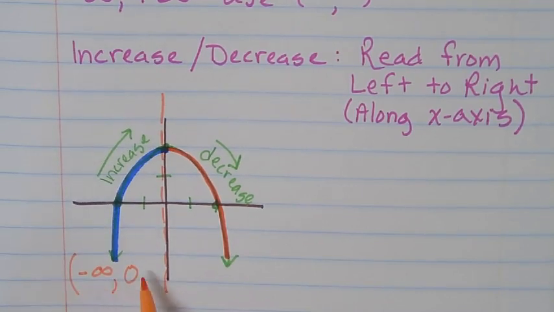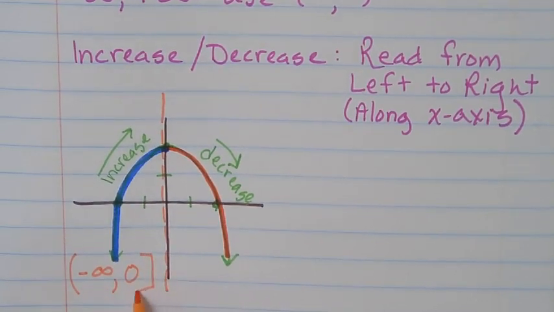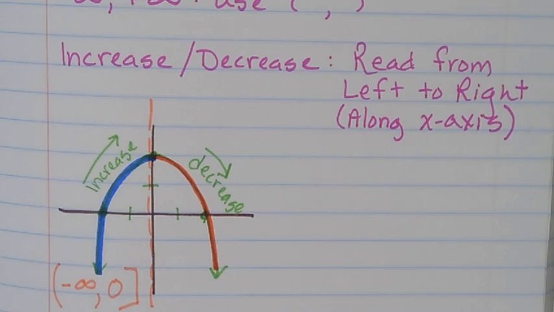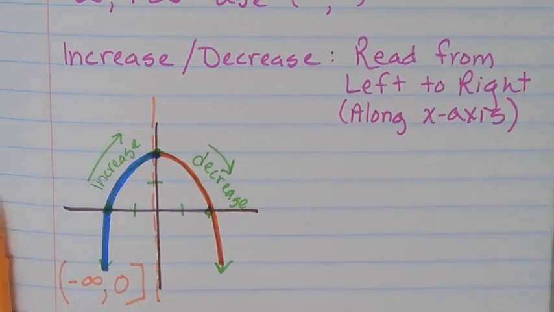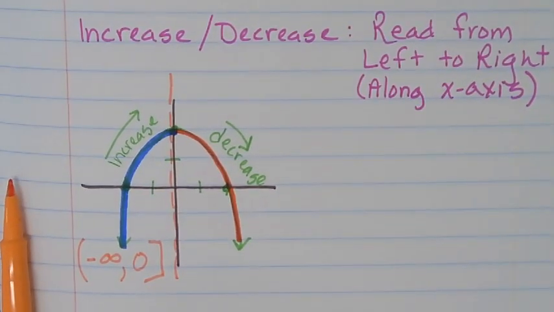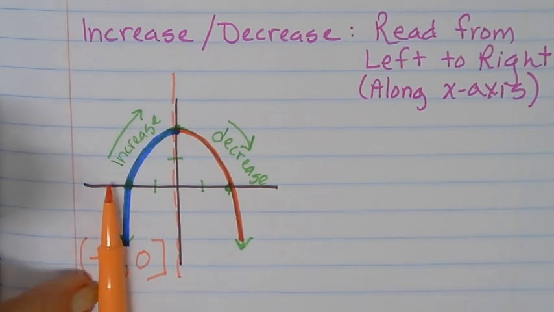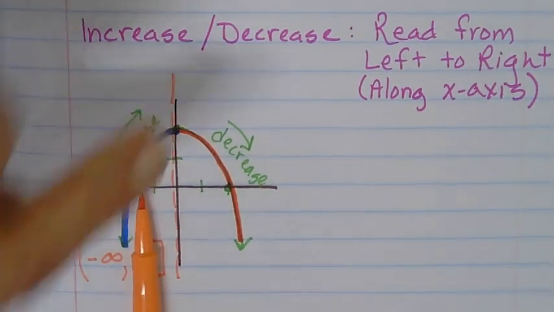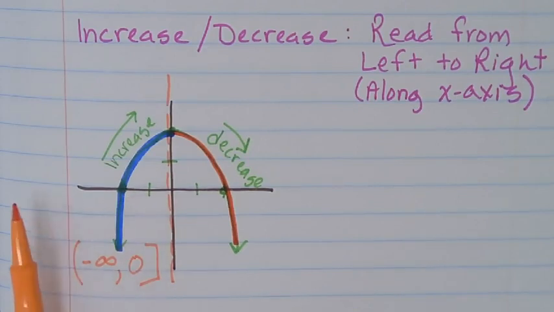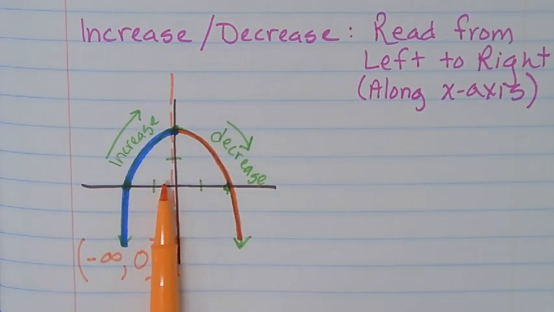So this is your interval notation. This isn't a point. This isn't an x and a y. That means if I'm tracking along my x-axis, starting over here at negative infinity and moving across, my graph is increasing in that interval from negative infinity to 0.